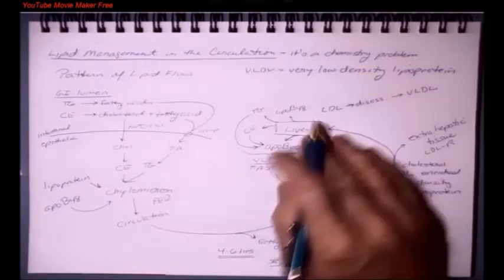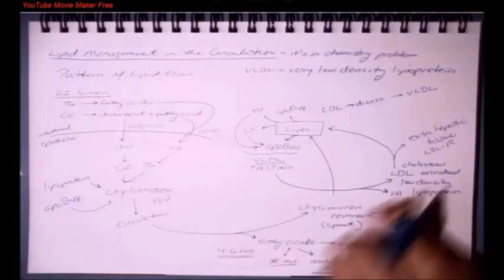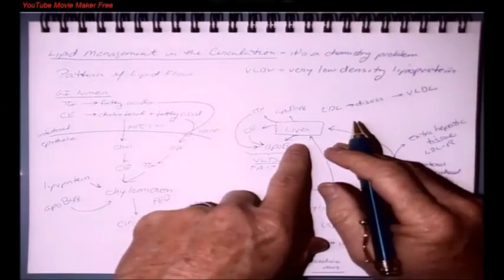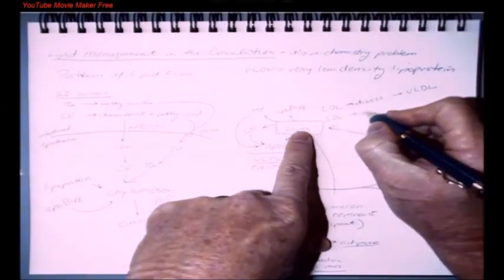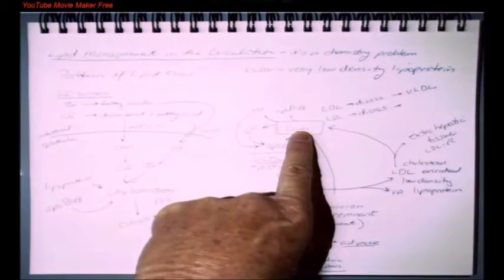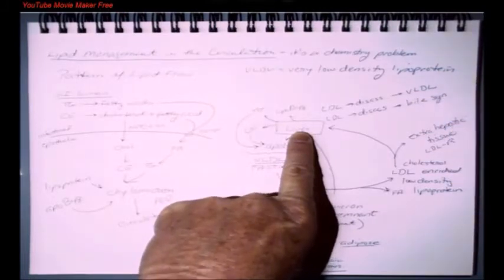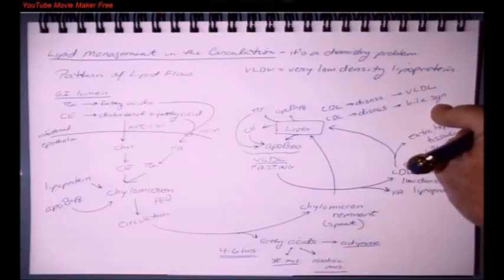So what this allows cells to do is eventually have a second chance at getting cholesterol if it didn't get it the first time around. And of course, the important clinical route is that the LDL is disassembled and the cholesterol goes into biosynthesis. And so then the biosynthesis is the pathway to rid ourselves of excess cholesterol.